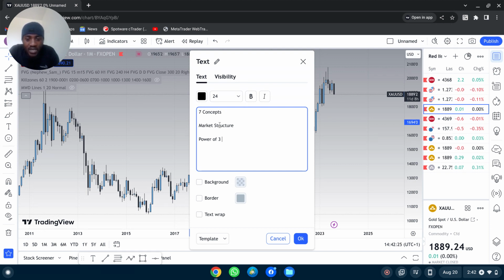We then have order blocks, and these are going to include many different types of order blocks, to be fair. So we have mitigation blocks. Honestly, I'm not gonna go through and tell you what all of these things do.